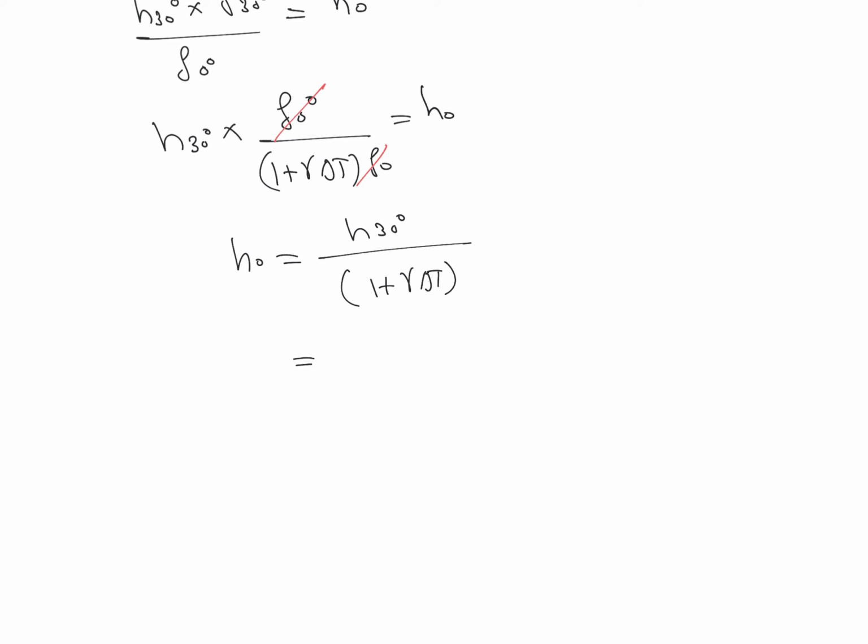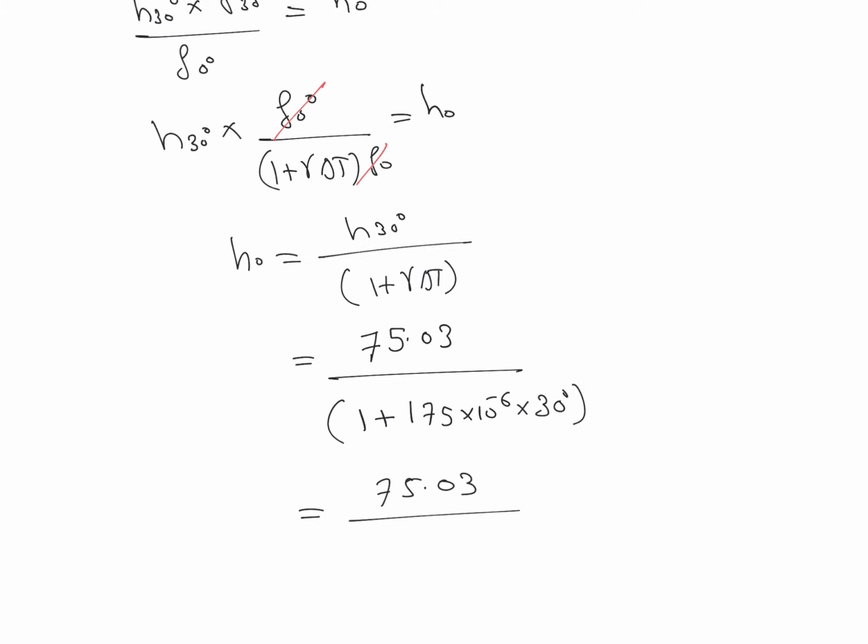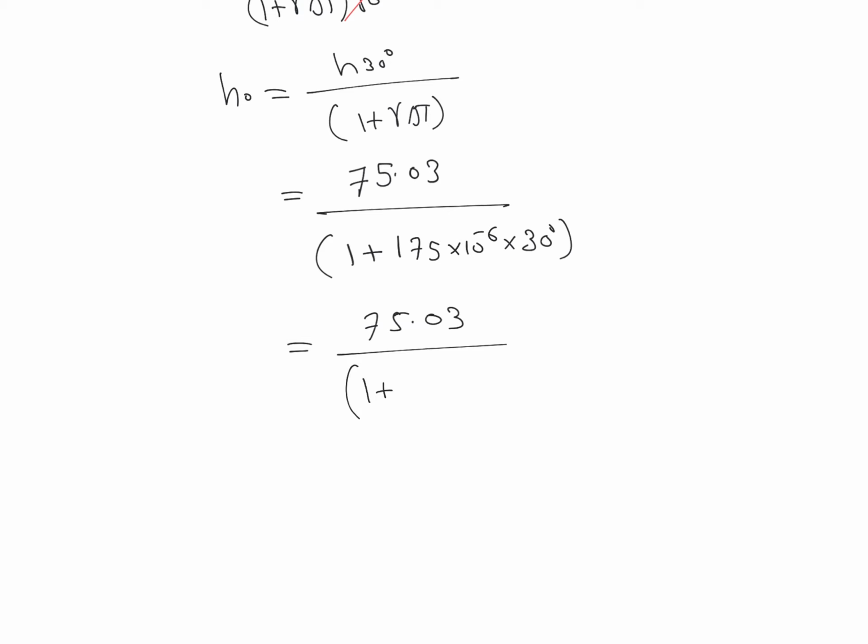Height at 30 degrees Celsius we already calculated as 75.03, divided by (1 + gamma of mercury, which is also given as around 175 into 10 raised to minus 6, and delta T is 30). Putting in the values, we get 75.03 divided by (1 + 0.00525).